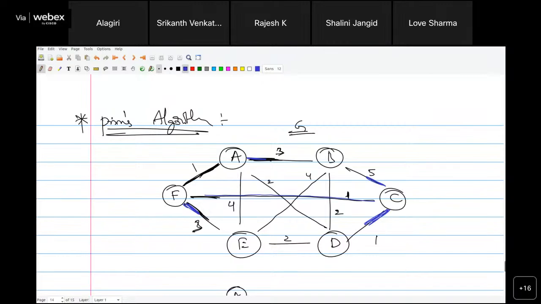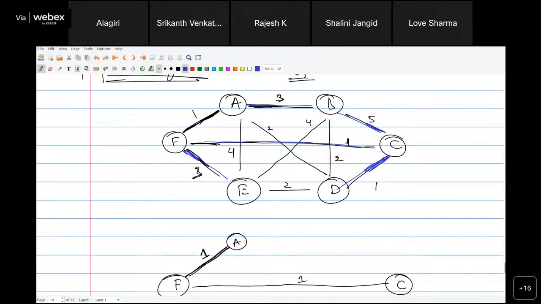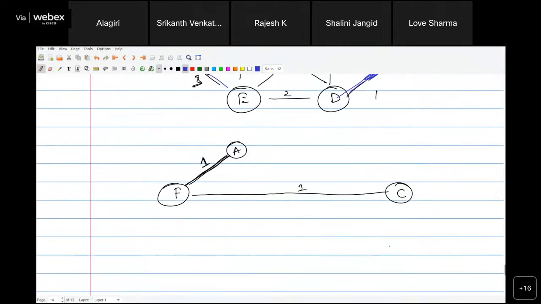So among these AB, BC, CD, EF, whichever is the minimum, pick that edge. So among these 4, I have the minimum edge weight as CD. So pick that. So I am building my spanning tree.